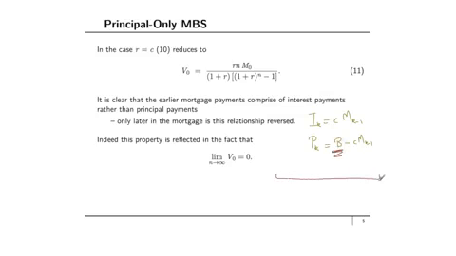Remember, we've got our periods, maybe this is 360, maybe this is T equals 0, and in every period we're paying B dollars. Therefore, in the earlier time periods, most of this B is going to interest, and in later time periods, most of the B is going towards principal.